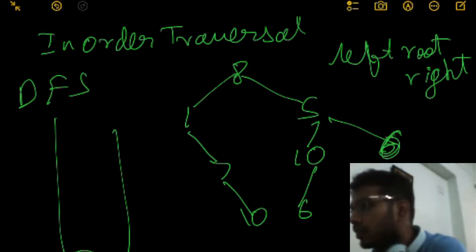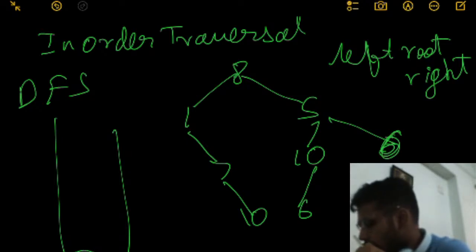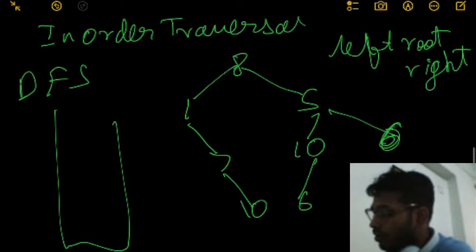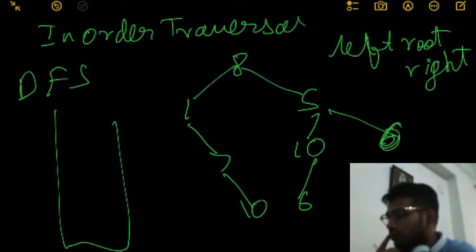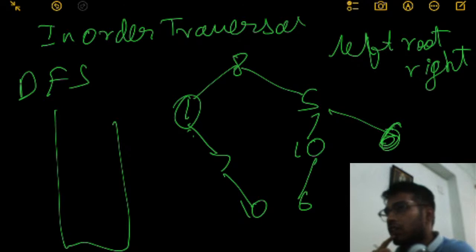So for this, what we're going to do is, till the time node is not equal to null, we first need to push in all the left nodes, and then we can maybe think of pushing the right nodes in.